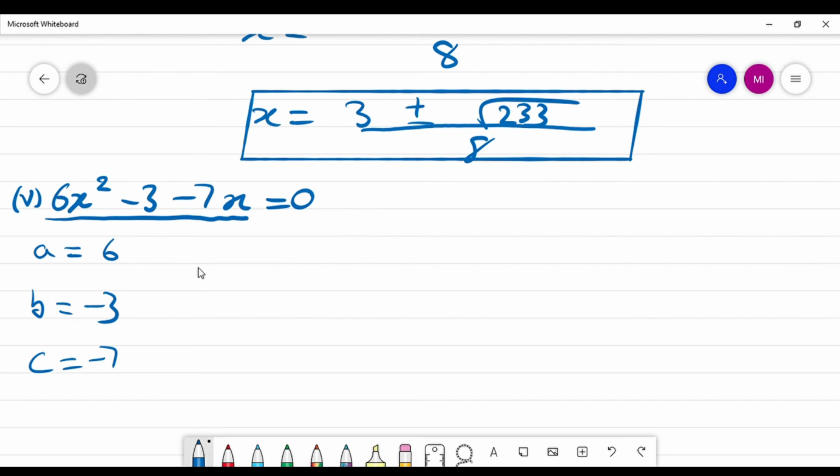We look at the real values. We know that a is the coefficient of x squared, which is 6. b is the coefficient of x, which is negative 7. And c is the constant, which is negative 3. So we have to look at that instead of looking at the way they're placed.